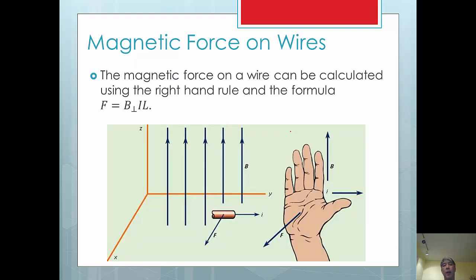When I talk about the magnetic force on the wire, I can calculate the magnitude using the formula F is equal to the magnetic field B times the current I times the length of the wire in the field. That's what L is.